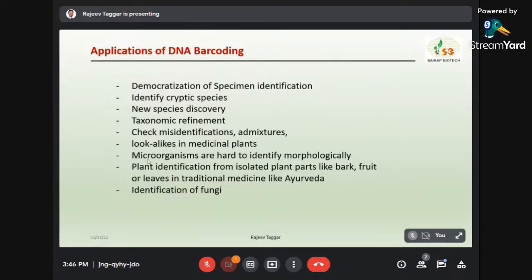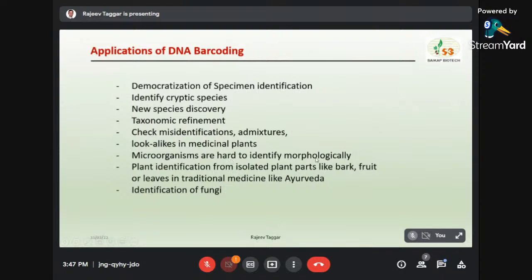They're all lost. They need help. Even the specialist people who are selling Ayurvedic drugs don't know how to do it. So they get cheated, or they are not able to tell lookalikes from each other. And this is where DNA barcoding can be of big help. So please, the young people, develop some passion, and these are the areas you can take up.